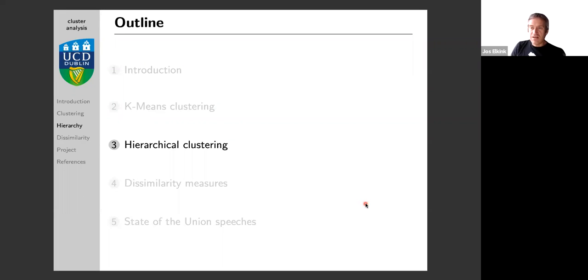We have to say in advance how many clusters we wish to find. And it will tell us then a result with exactly that number of clusters. And it will tell us where the center is and to which cluster each observation belongs. So I will stop there, and we will continue with hierarchical clustering in the next video.